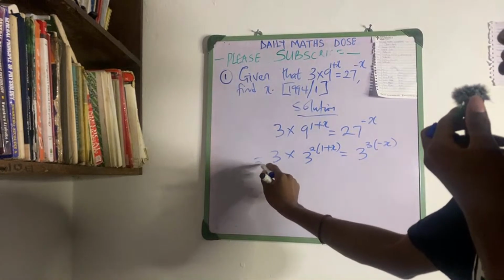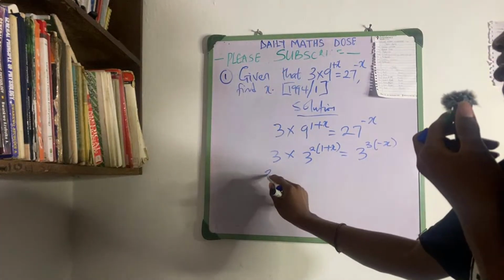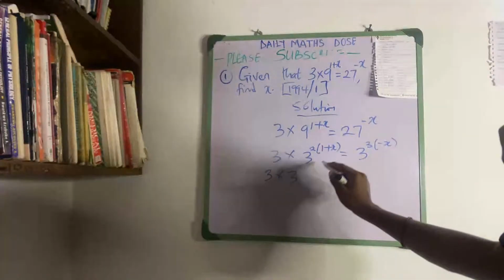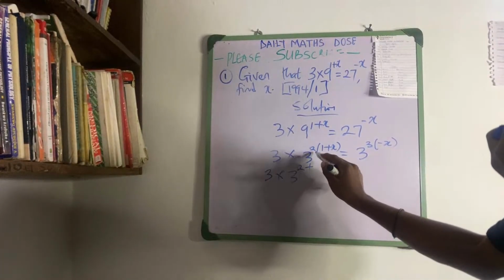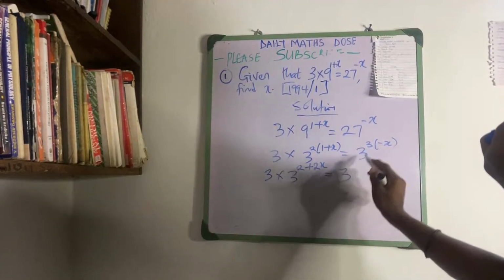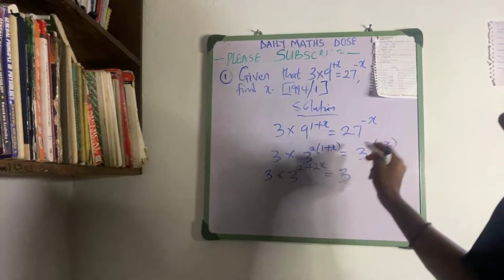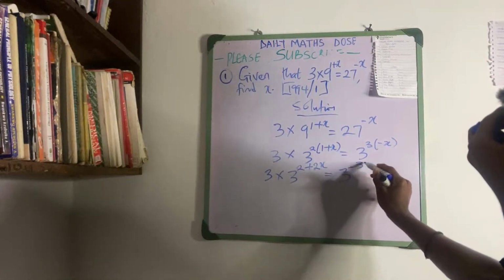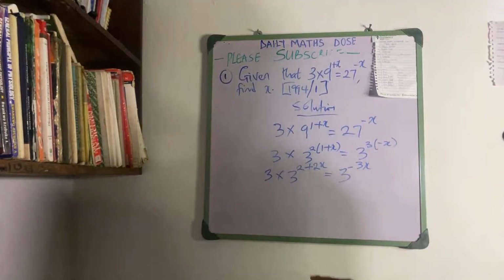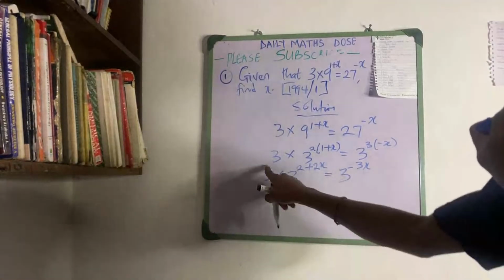So this is equal to 3 times 3 raised to power, we open the bracket, 2 times 1 is 2 plus 2 times x is 2x, equal to 3 raised to power 3 times minus x, which is minus 3x. At this juncture, we add the powers of this and this.